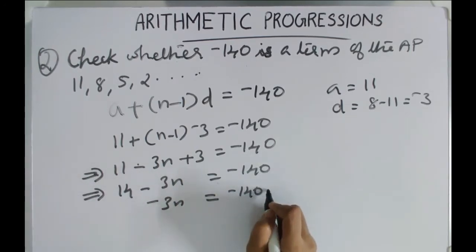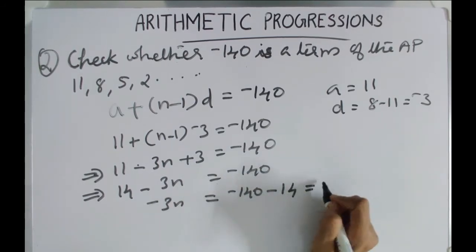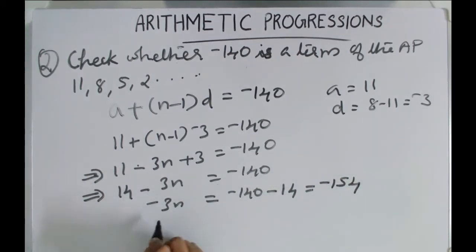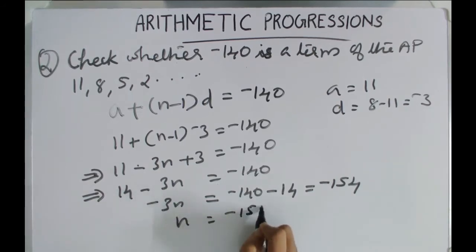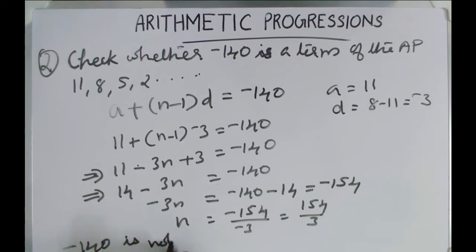This 14 comes to the other side, then minus 3n equals minus 154. Then n equals minus 154 by minus 3, equals 154 by 3, but this is not a natural number. So minus 140 is not a term of this AP.